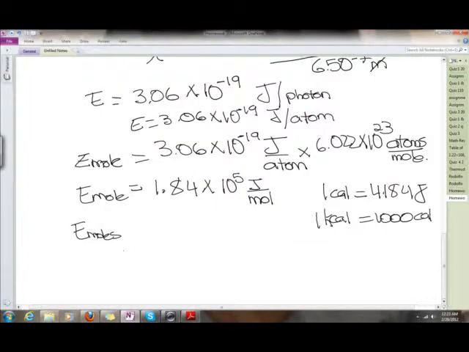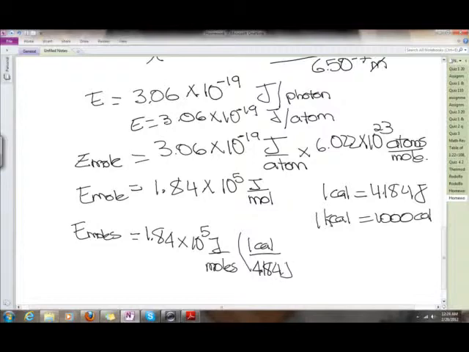So the energy would be equal to 1.84 by 10 to the 5th joules per mole. Now let's take the joules to calorie. The desired unit is on top, 1 calorie, and the given is on the bottom, 4.184 joules.